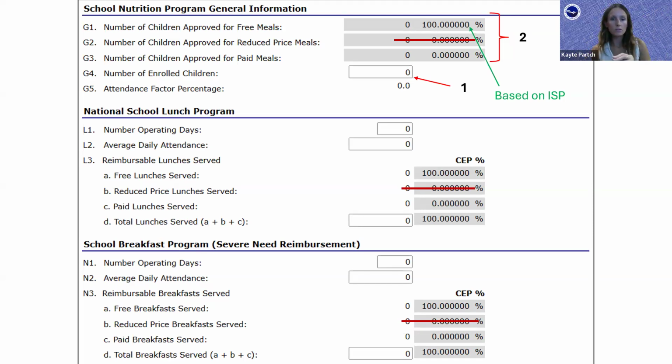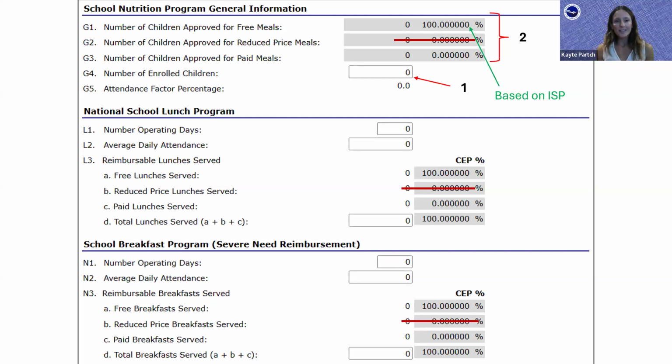Because all of the meals served at a building that qualifies at that high reimbursement level, that ISP of 62.5 or more, result in 100% of the meals getting claimed or reimbursed at the free rate. So whatever value you put in the total also becomes the same value that's copied in the free lunch category. And again, we don't reimburse any at reduced, and it would leave the paid lunches at 0% because none of your meals are getting reimbursed at the paid rate if all of them are getting reimbursed at the free rate.